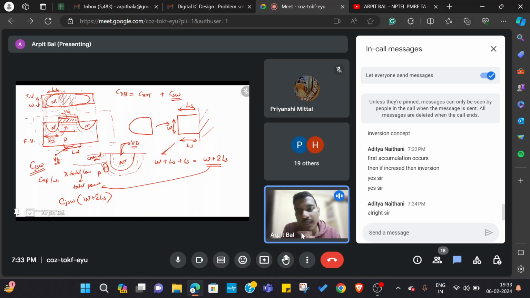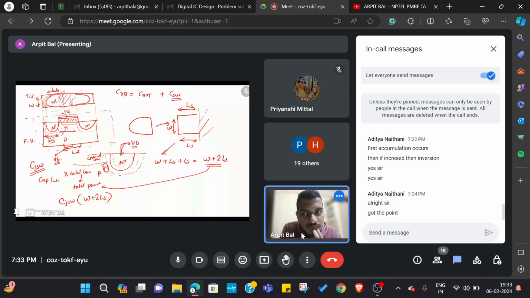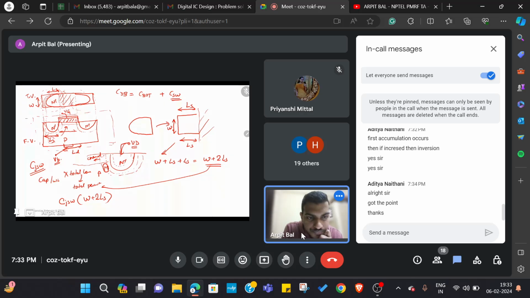So in other words, we can say that the VTH is going to reduce. That's why this is also called the backgate effect.